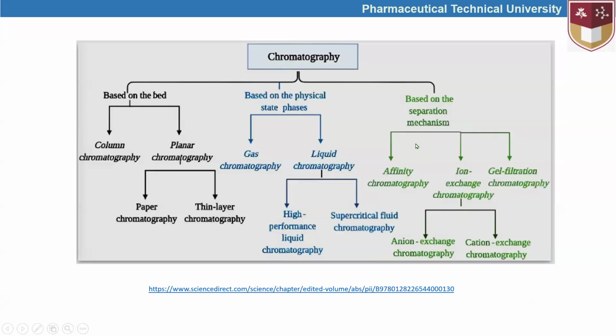Based on the separation mechanisms, chromatography can be classified as affinity chromatography, ion exchange chromatography, and gel filtration chromatography. In affinity chromatography, the power that causes the separation of different compounds is the affinity between the matrix and the compounds in the extract.